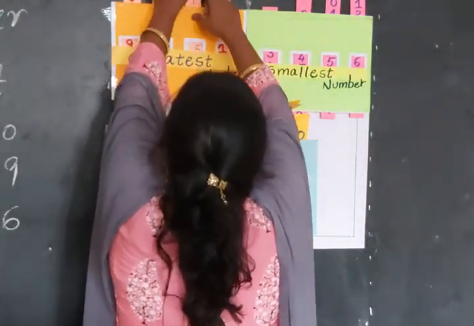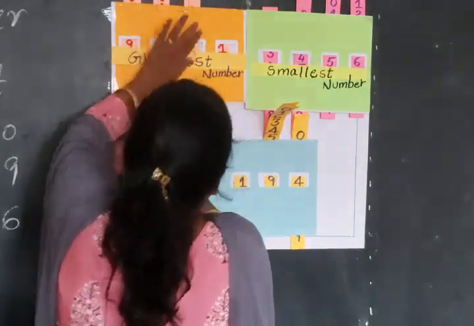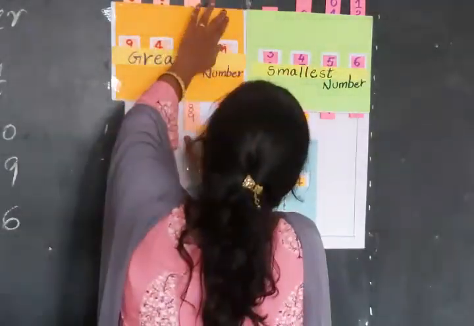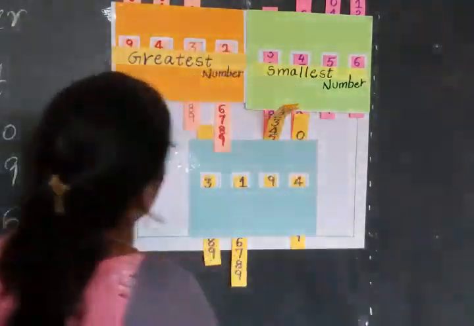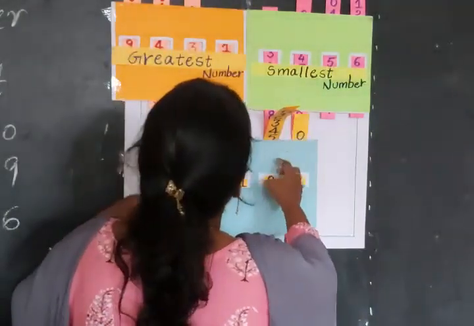So arrange 3 in tens place. And the last is 1. So 1 in ones place. So what is the greatest number formed using these digits? 9431.